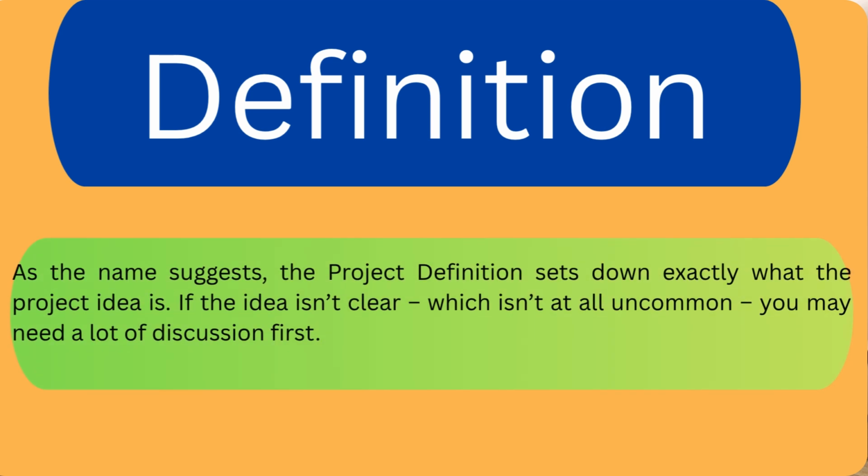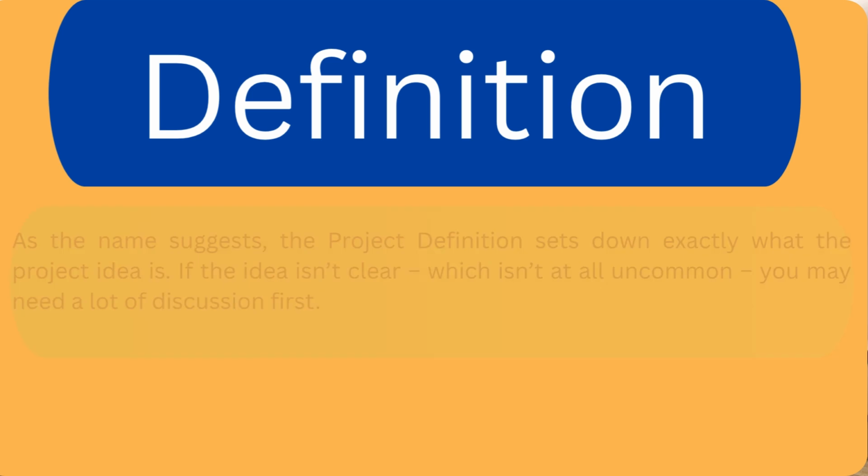So the first one that we are going to look at is called definition, project definition in a project brief. The project definition, as the name suggests, is used to set down exactly what the project idea is.